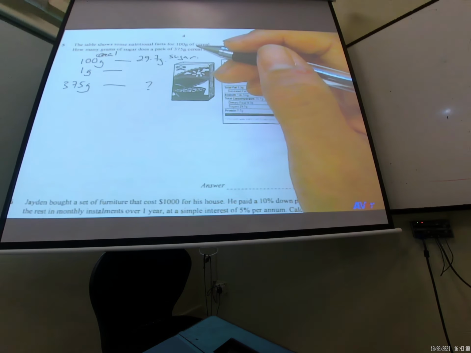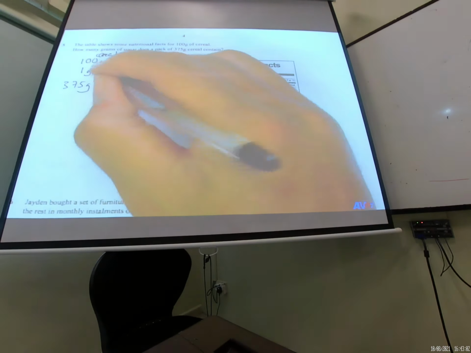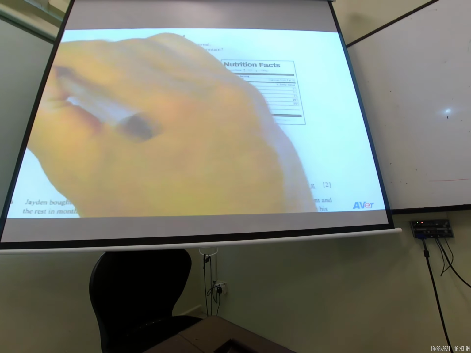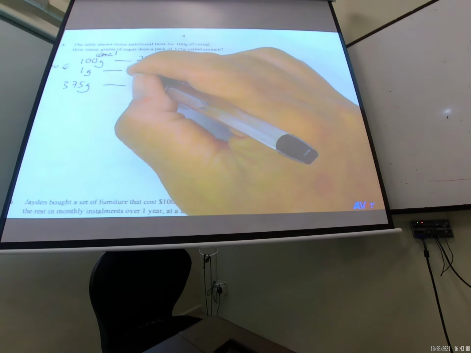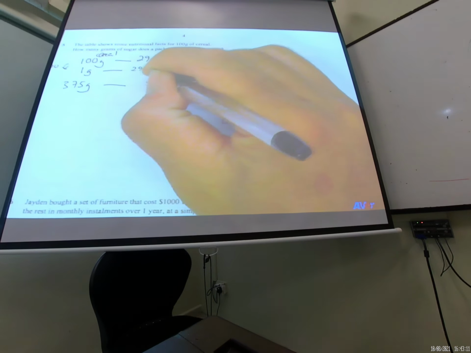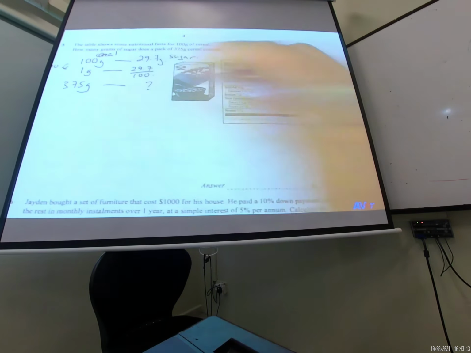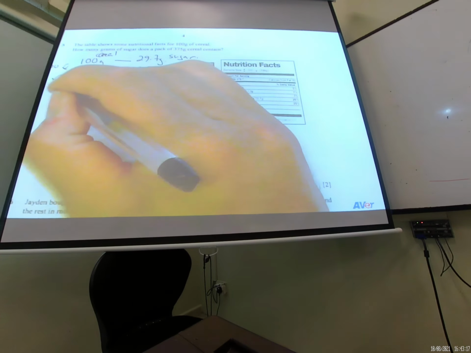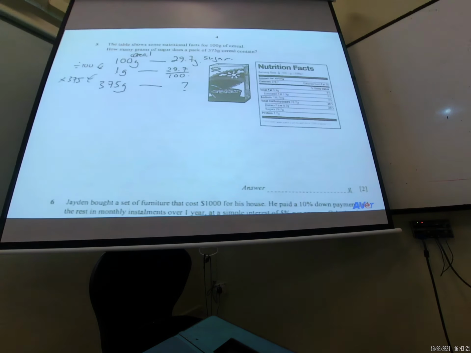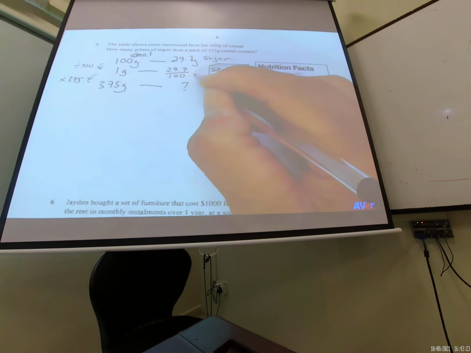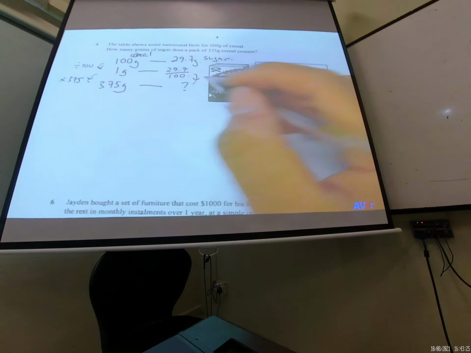To find out 1 gram, from 100 to become 1, we divide by 100. So we will also have 29.7 divided by 100. Then from 1 gram to 375, we need to multiply by 375.